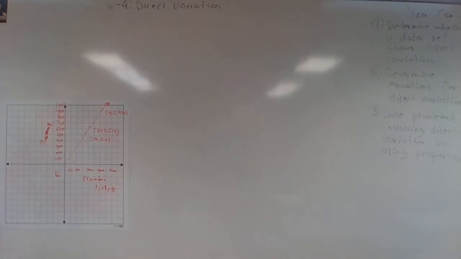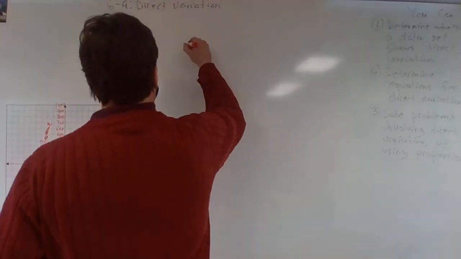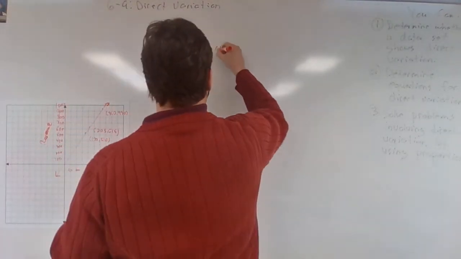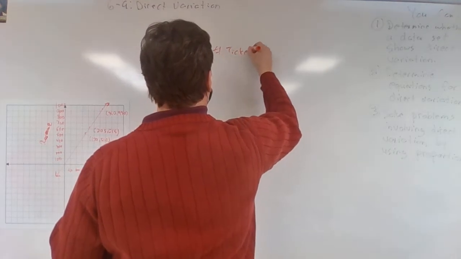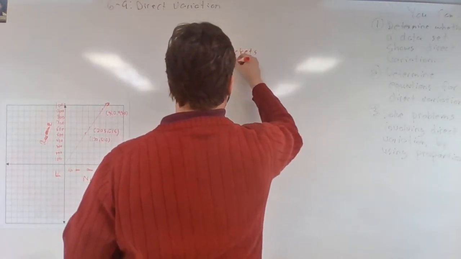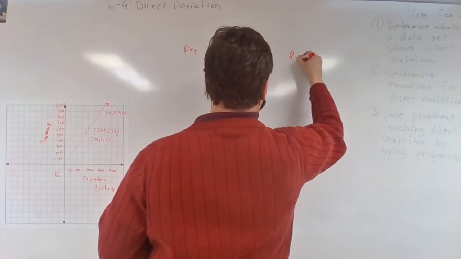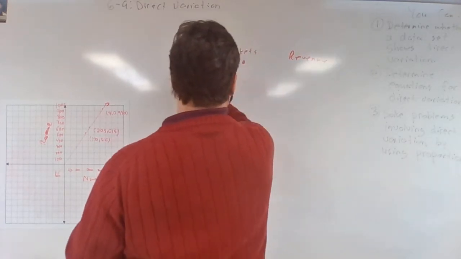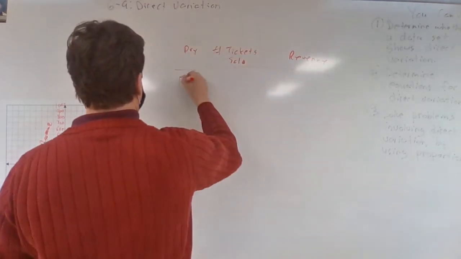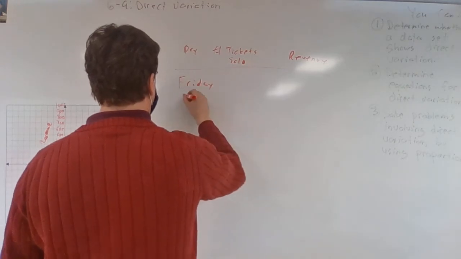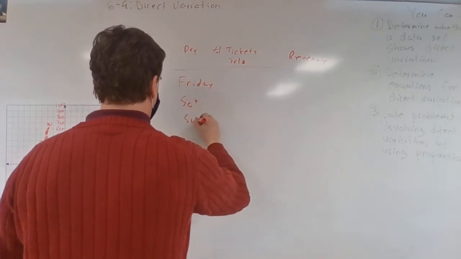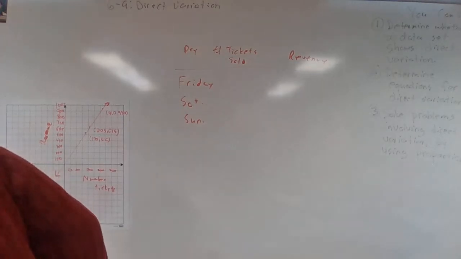Okay? So they provide some information here, and I've already graphed it out, but they're basically saying, okay, we take the day of the week, number of tickets sold, and then how much money did they make, which is also, of course, known as revenue. So we got Friday sales, Saturday sales, Sunday sales.